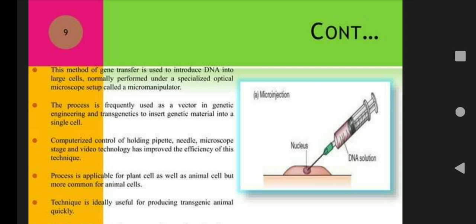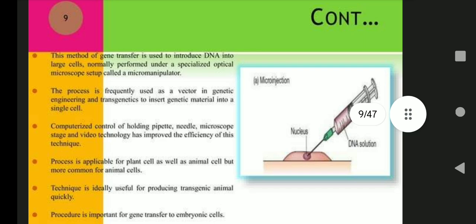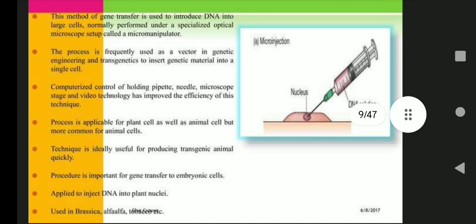As I told, IVF is done with the help of this method only. It is ideally useful for producing transgenic animals very quickly. Embryonic transfer or gene transfer is done with the help of this in animal cells.